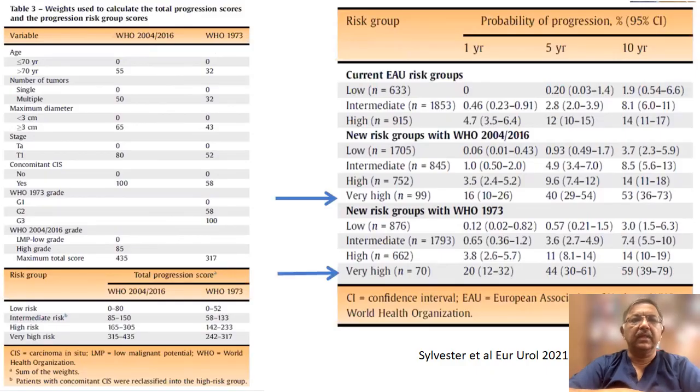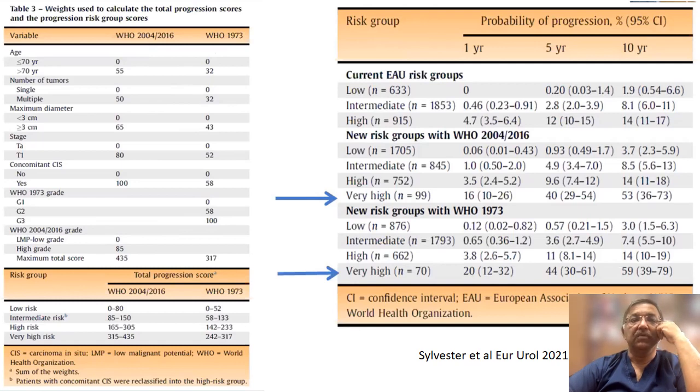If we look at the changes, we can see a significant difference in the 1 year probability of progression between high and very high risk. The 1 year progression potential for high risk is 3.5%, whereas in very high risk it is 16%.